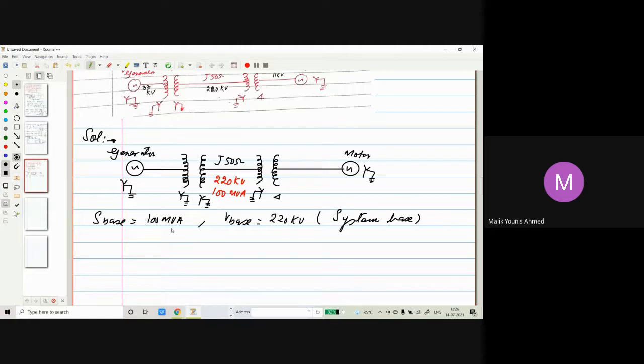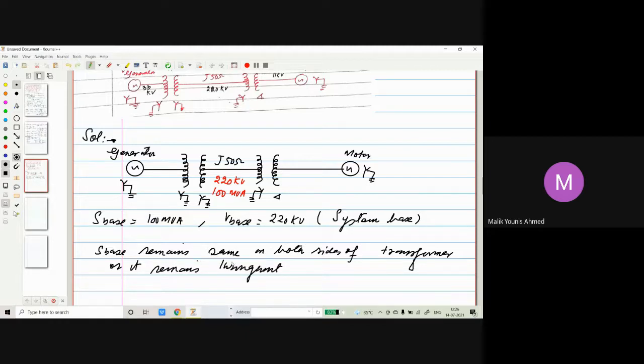So S base remains the same on both sides of the transformer, throughout all sections of the power system.